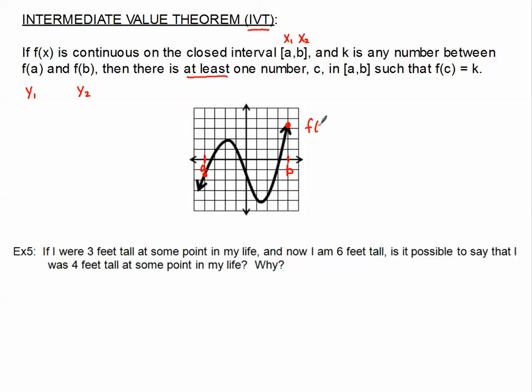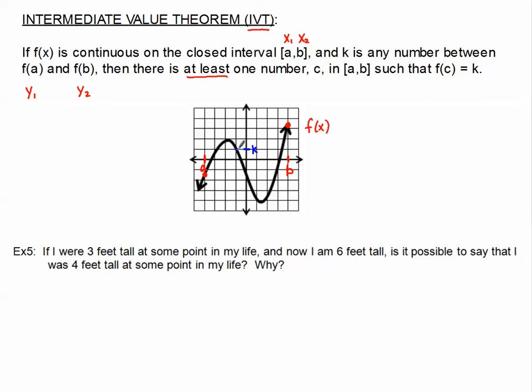So here's our graph of f of x. Didn't label that yet. So let's pick a value of k. So here's f of a, about right here on the y-axis, and here's f of b, about right here on the y-axis. So let's just pick this number, since this number for k is definitely in between f of a and f of b. The intermediate value theorem says that there must be at least one x value, c here, in our interval such that the output is equal to k.